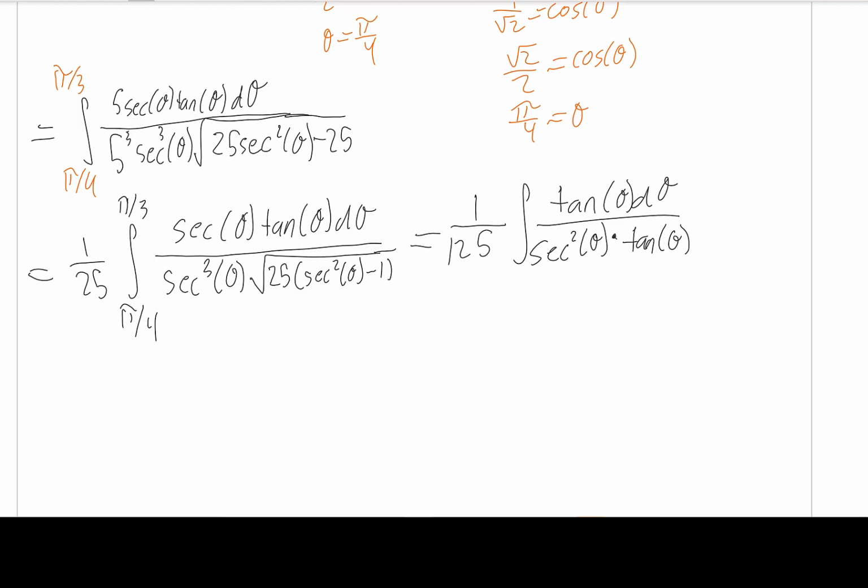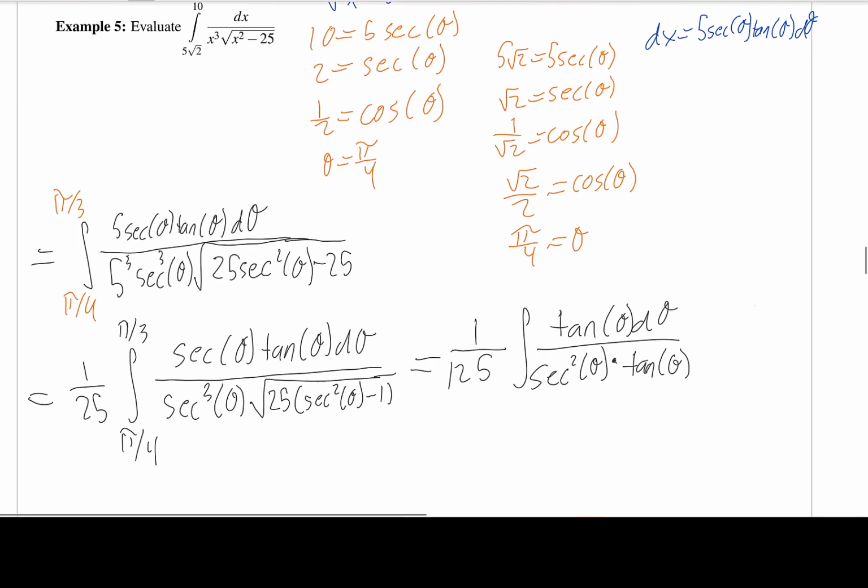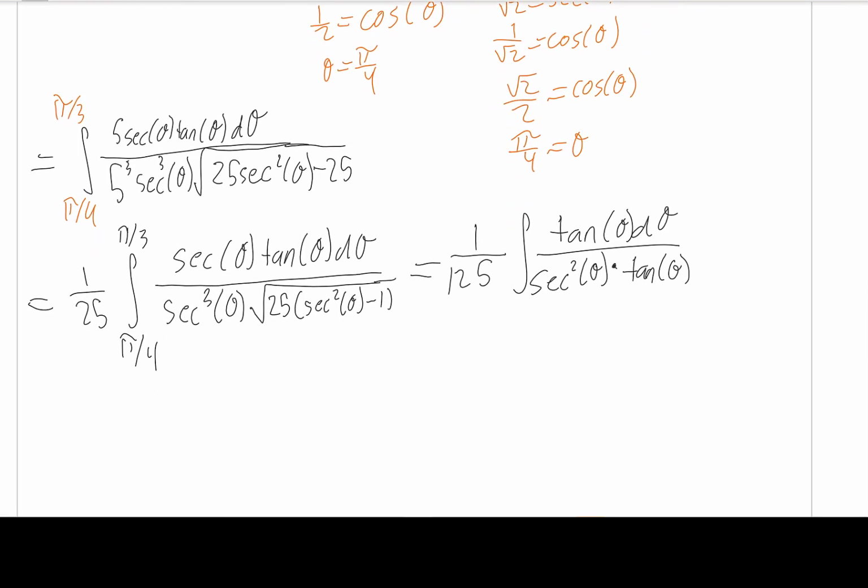Okay, so this will give me 1 over 125 times the integral of 1 over secant squared theta d theta. Okay, so from here, if we have 1 over secant, that's the same thing as cosine.